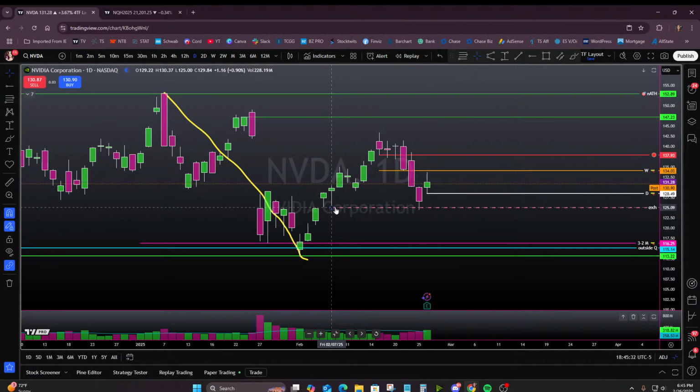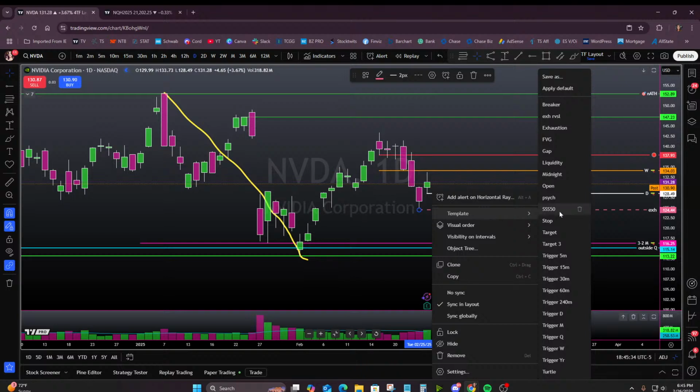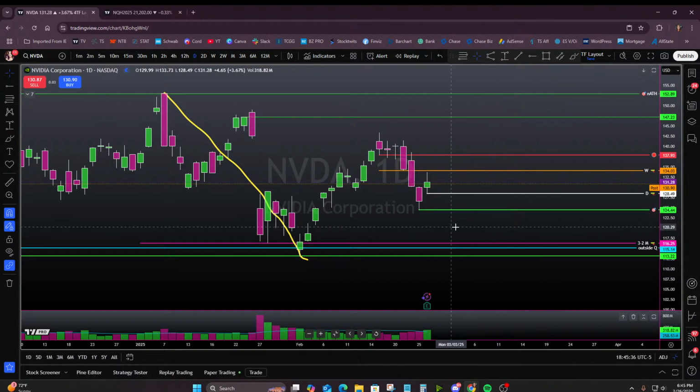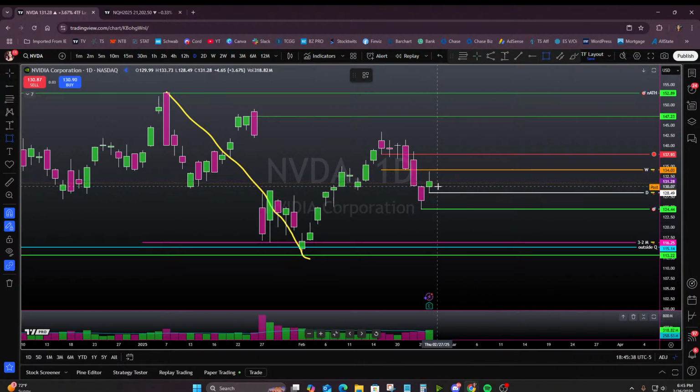But now, anybody who traded or gambled on Nvidia earnings is going to be pissed because they were supposed to move $13.